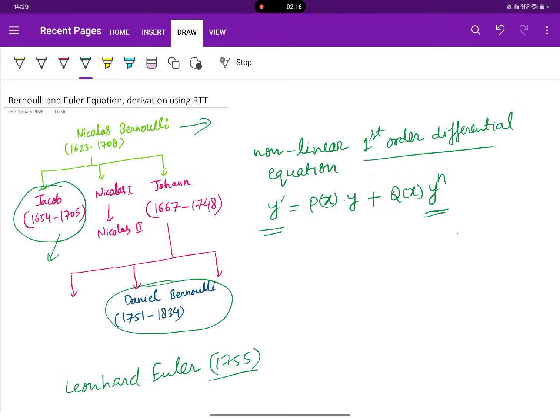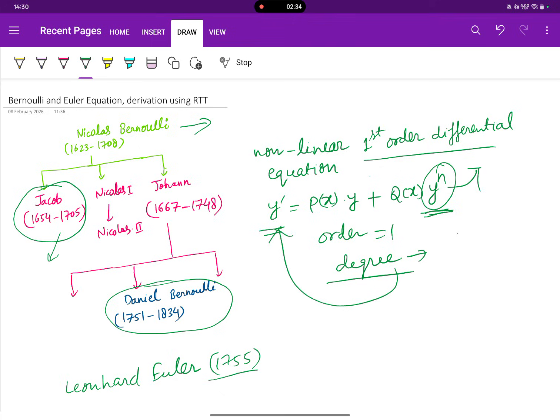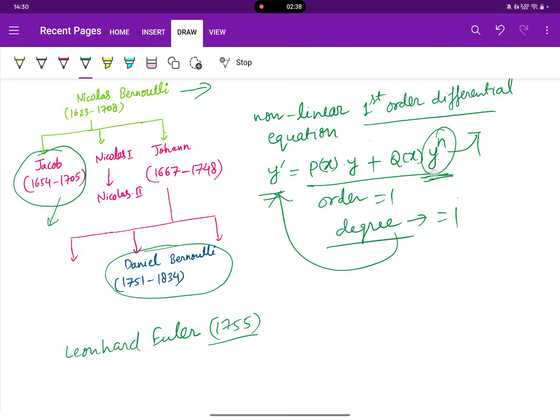I think you know how to calculate order and degree, right? So this is what makes it nonlinear. By the way, degree is not related to this. This is just linearity or nonlinearity. Degree comes from the power of the derivative, which is also 1. Fine. So this is the equation given by Jacob Bernoulli.